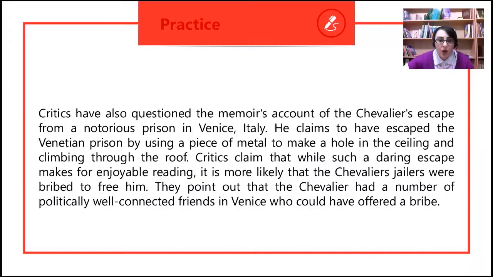Critics claim that while such a daring escape makes for enjoyable reading, it is more likely that the Chevalier's jailers were bribed to free him. They point out that the Chevalier had a number of politically well-connected friends in Venice who could have offered a bribe.